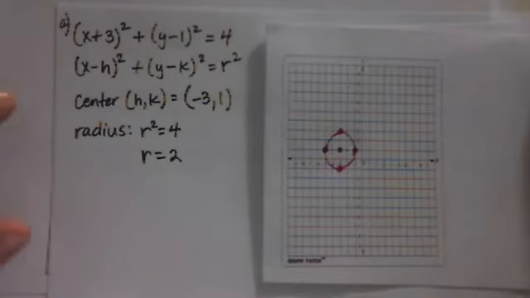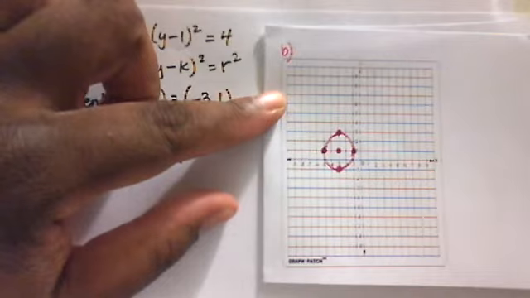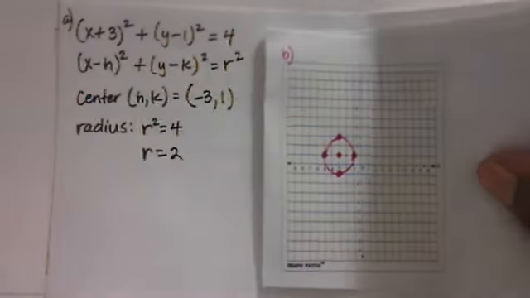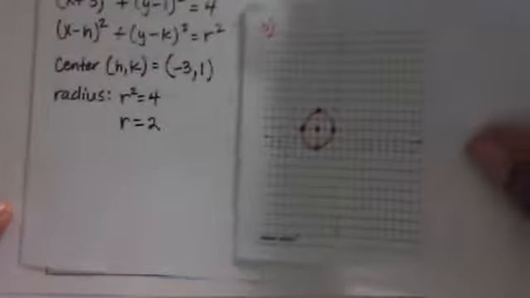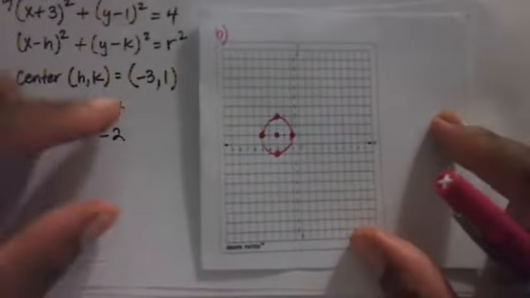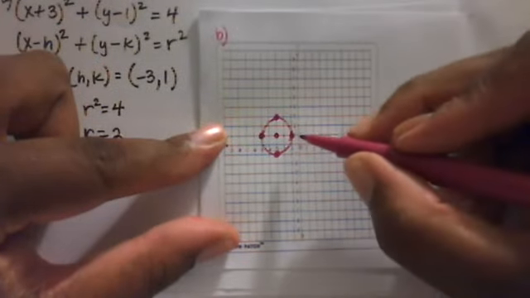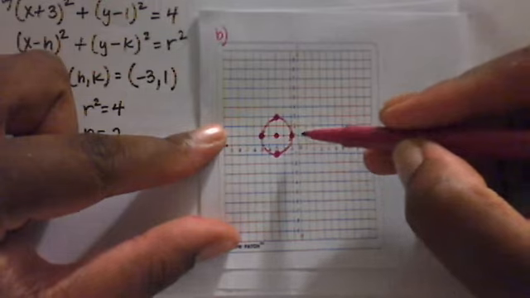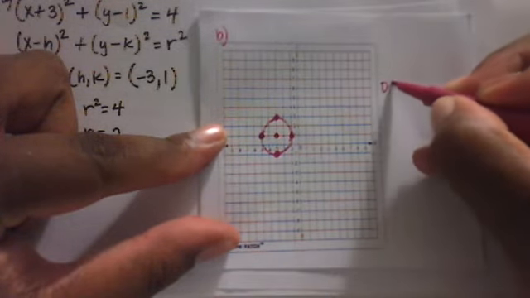And also part C. So here part B is the graph. Part C states that we need to use that graph to identify the relation's domain and range. So here, if you look at this, those points to the left and to the right, and also up and down, can tell us the domain and the range.